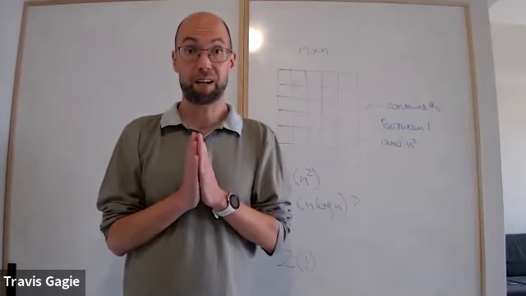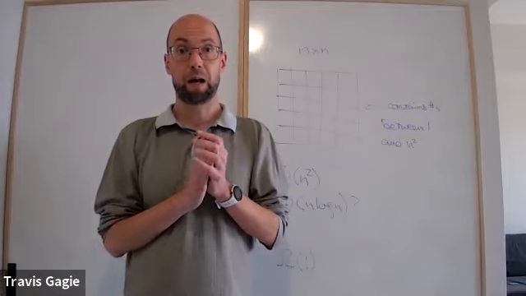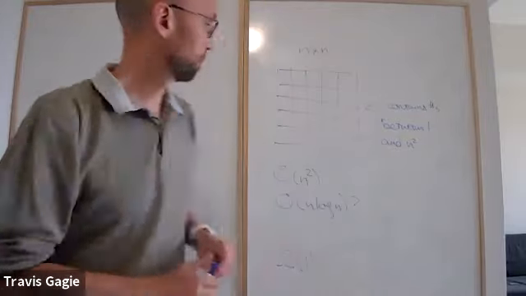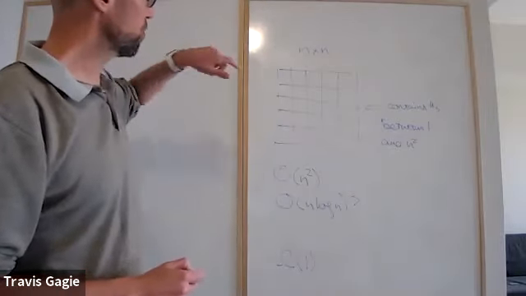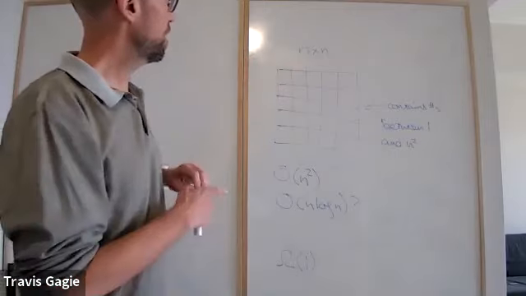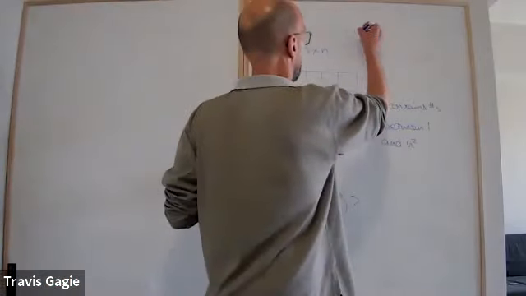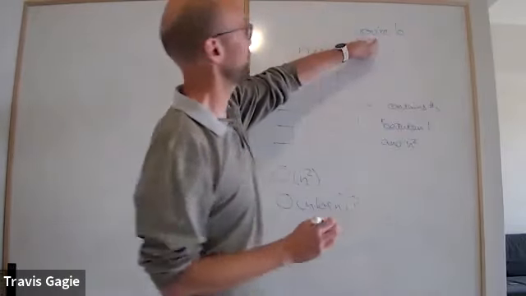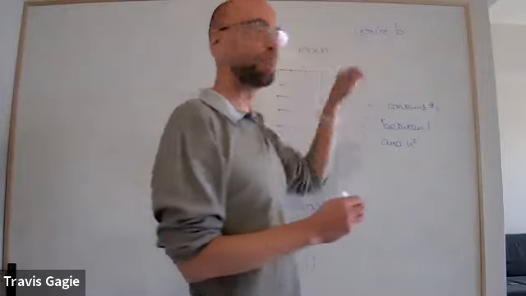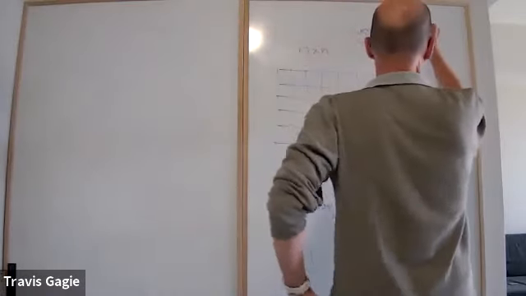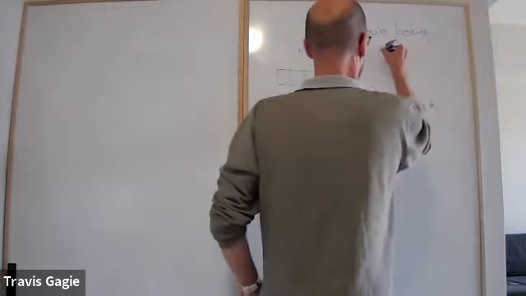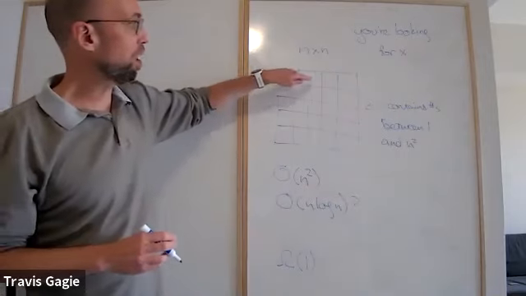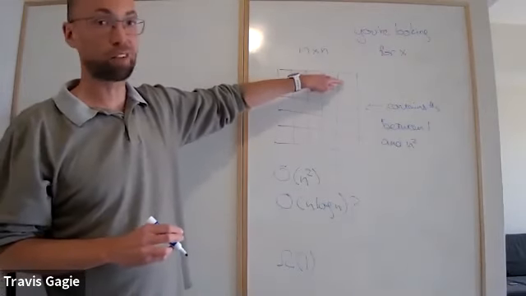For the interest of time, I'm going to tell you what the tight bound is. So what you can do is, say you're looking for x. So you start here and walk along until you get to something that's greater than x.